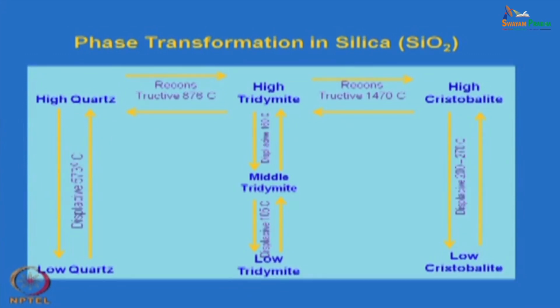Well, we have discussed just now the silicate structures, where the silicon oxygen tetrahedron is getting combined with many other cations, but silica as such is also a very important ceramic raw material, SiO2, where it is all silicon oxygen tetrahedra only.